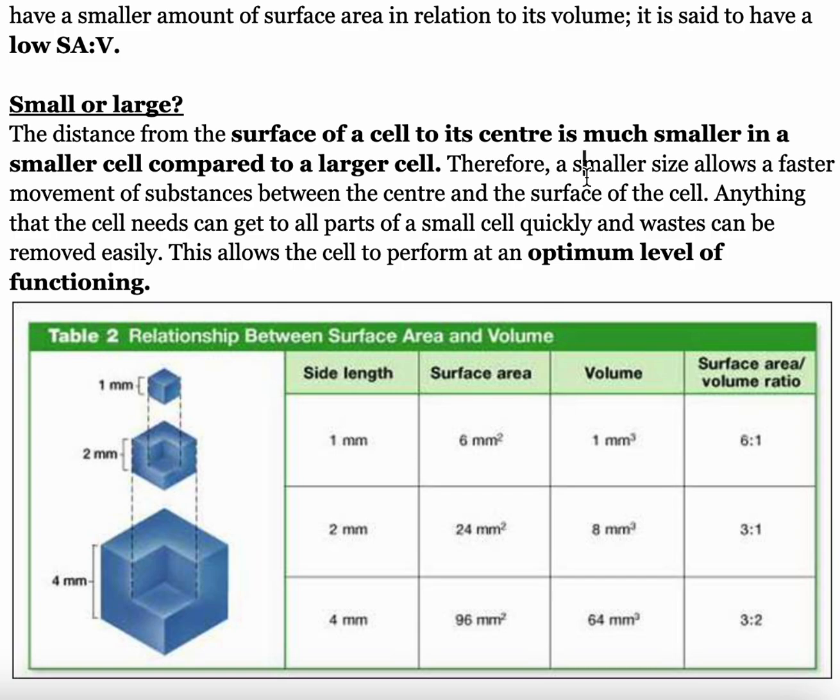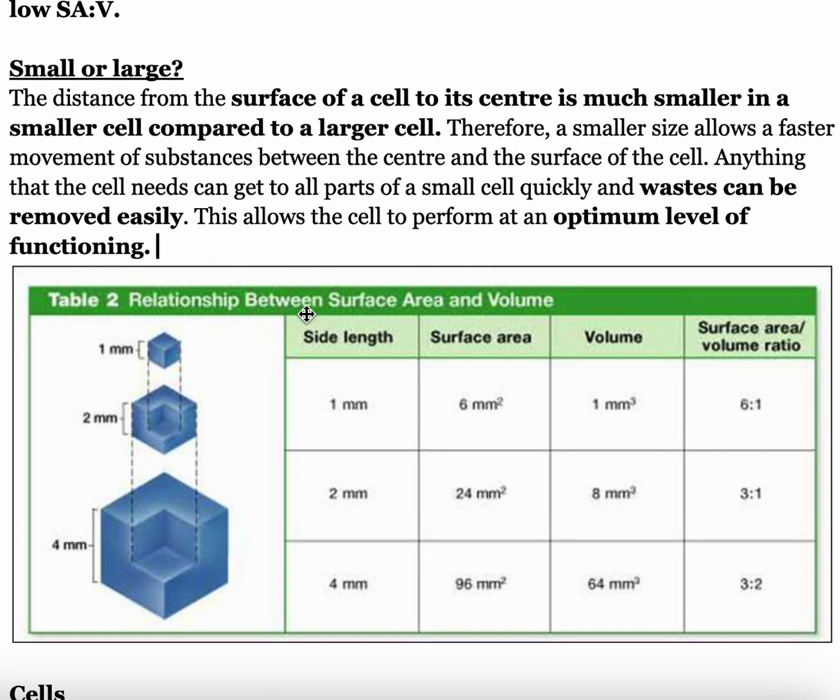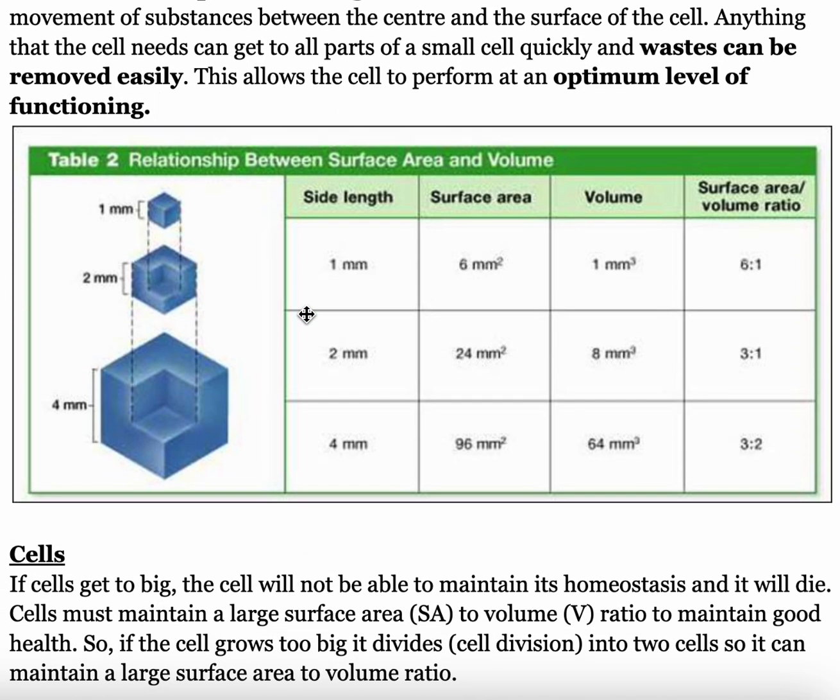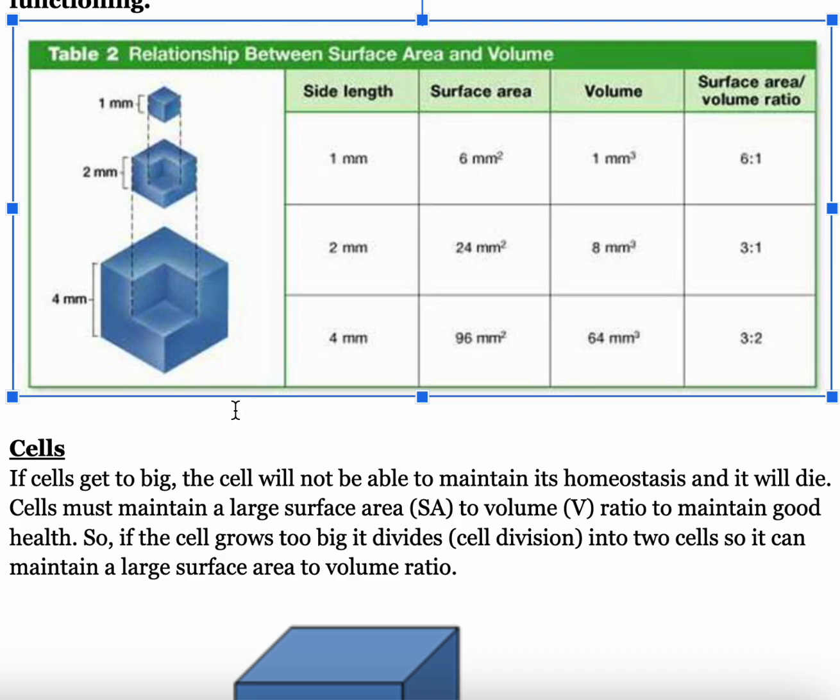So a smaller size allows faster movement of substances, anything the cell needs can get to all parts of the small cell quickly, and waste can be removed easily. This allows the cell to perform at an optimum level of functioning.